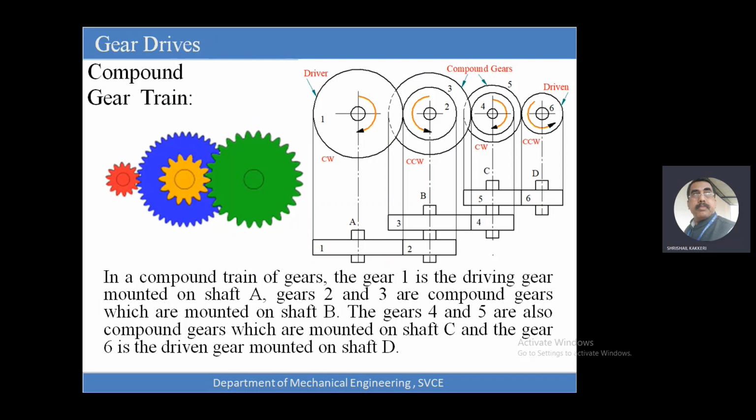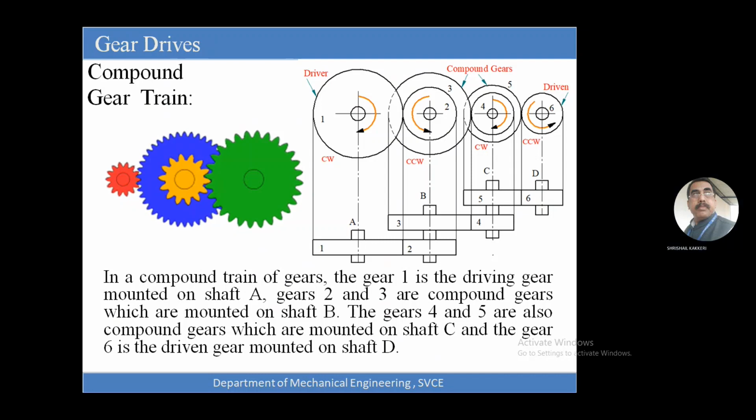One can see that gears 3 and 4 are meshing. Definitely it is 4 and 3, that is N4 by N3. N4 by N3 is equal to T3 by T4.